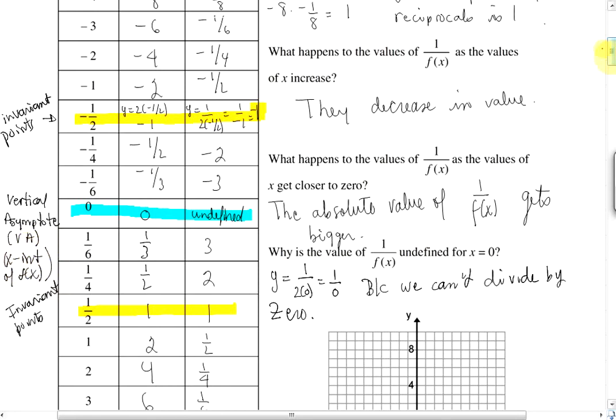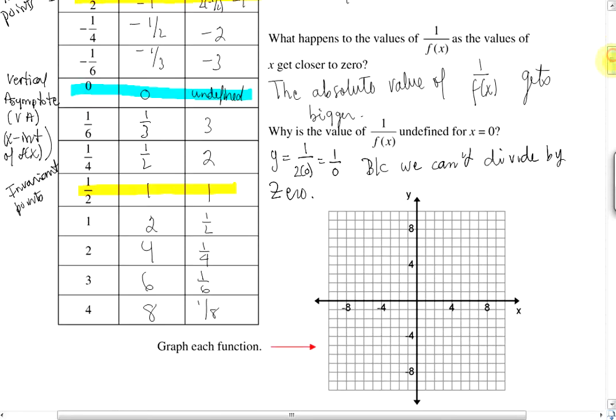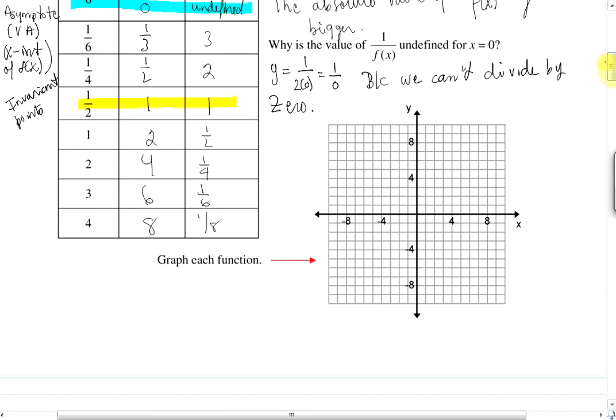All right, so what do these look like on our graph? Usually when we start graphing reciprocal functions, we start by graphing our original function, and our original function is y equals 2x.